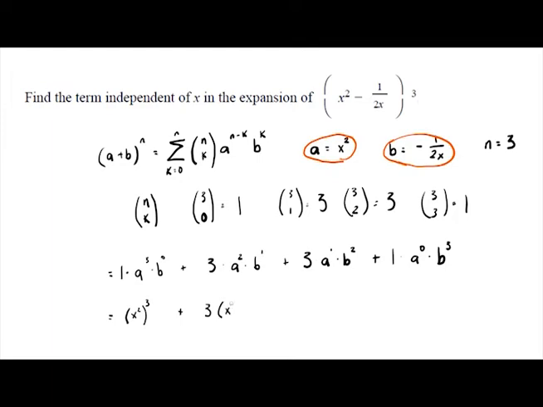So we plug in x squared times b to the first power. b is negative 1 over 2x plus 3 times a to the first power. So we have x squared to the first power, it's itself, times b, negative 1 over 2x, the quantity squared, plus 1 times a to the 0 power is 1, times b cubed, so we have the quantity negative 1 over 2x to the third power.